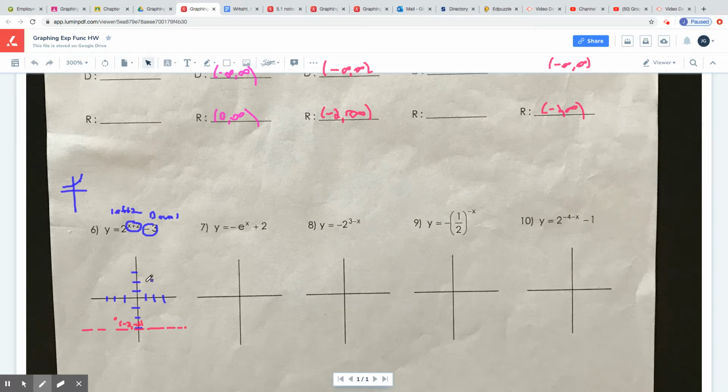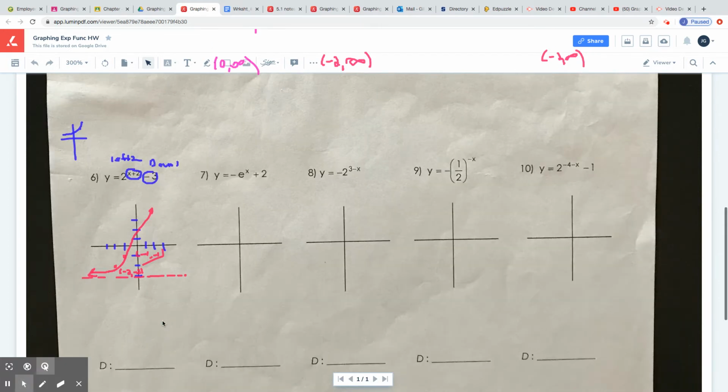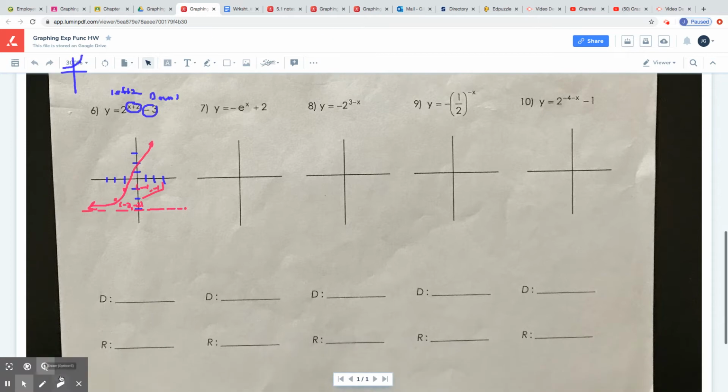I'm normally at (1, 2). If I move down 3, I'm at (1, -1). I move to the left, I'm at (-1, -1). It's not the best curve I ever drew, but you get the idea. And then the domain is always negative infinity to infinity.